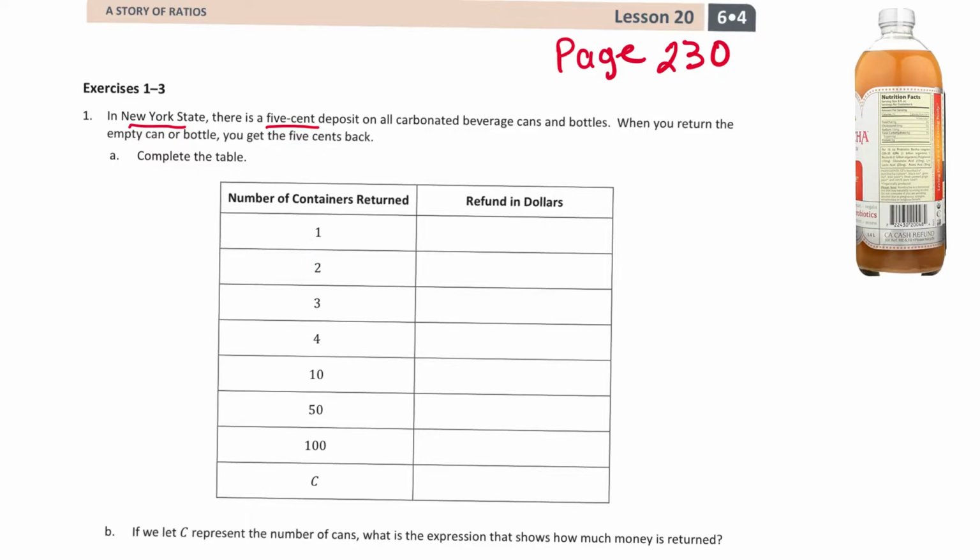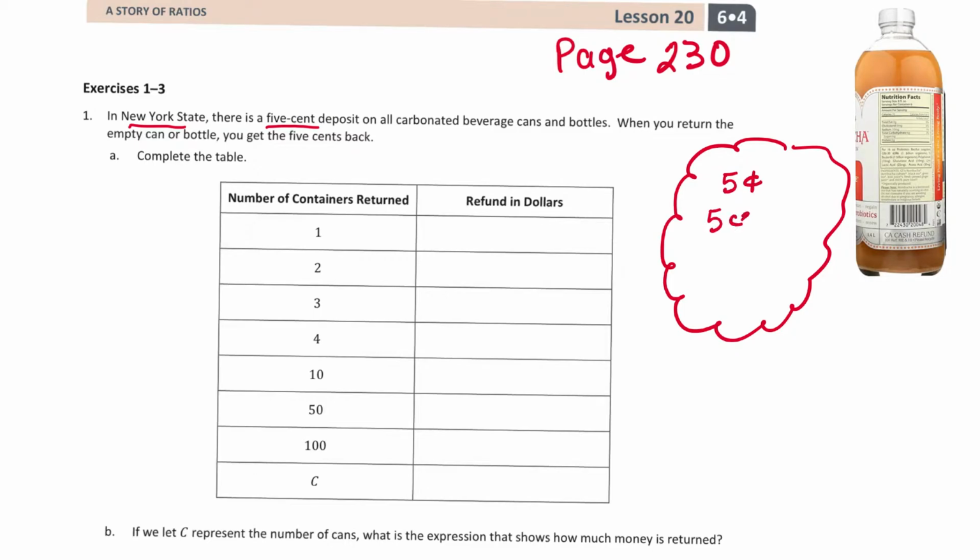Now, when you're dealing with money, you have several options to represent that. You can say 5 cents using the symbol. Of course, you can also write it 5 cents. And then you have the one with just numbers, which is 0.05. If you think about it, we have the decimal, 0, and then 5 because it's in the hundredths place, right?